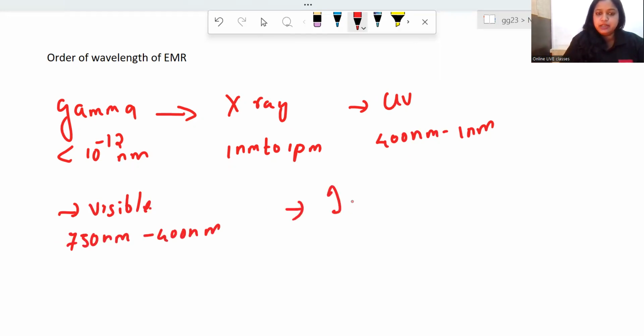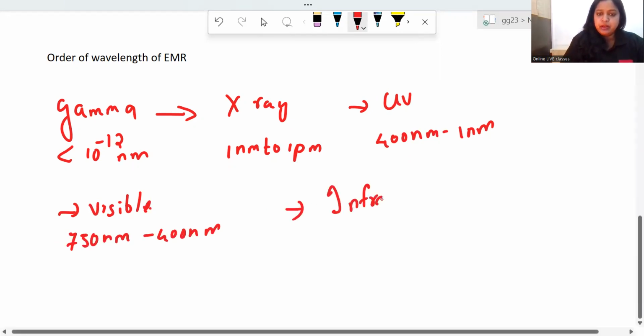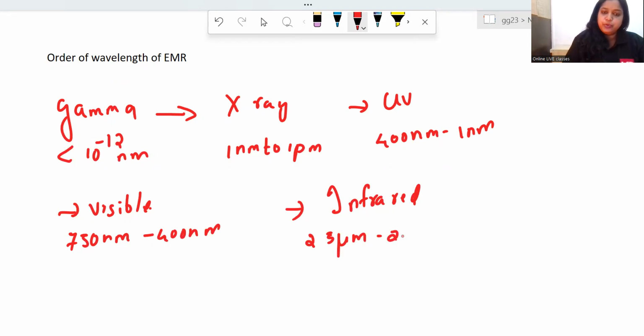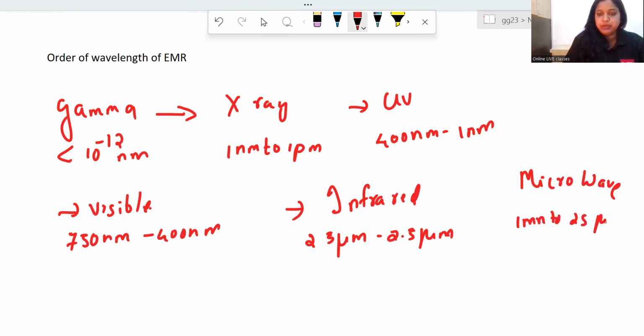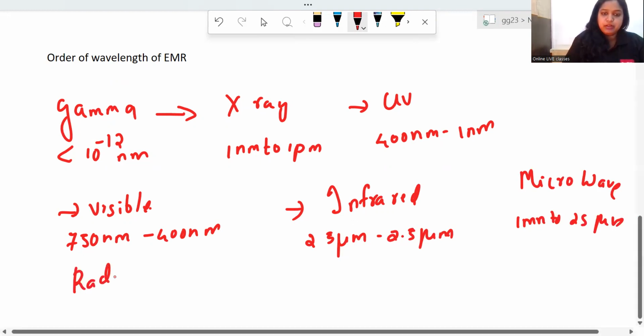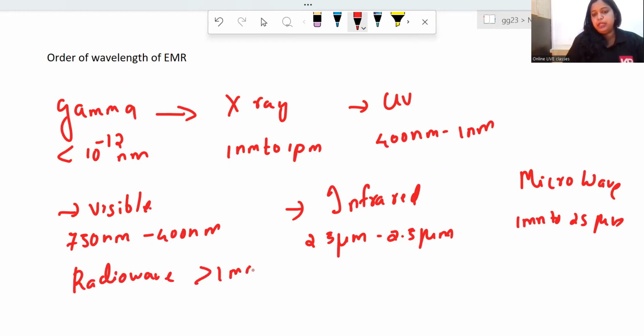Then comes infrared waves, which have a wavelength of 25 micrometer to 2.5 micrometers. Then comes the microwave, which has a wavelength of 1 millimeter to 25 micrometer. Then comes the radio waves, whose wavelength will be greater than 1 millimeter.